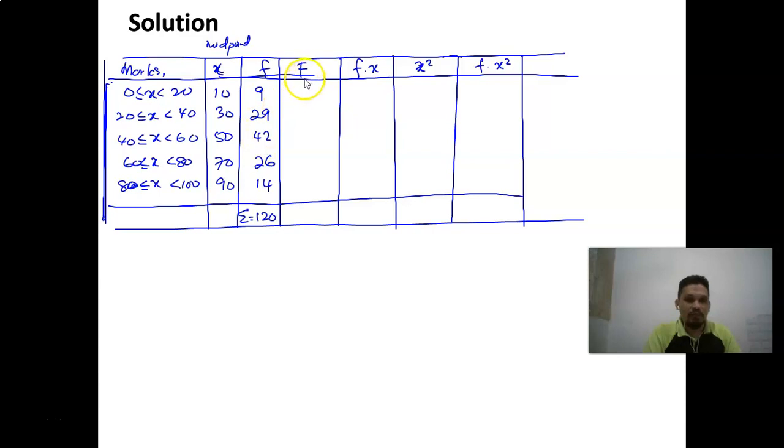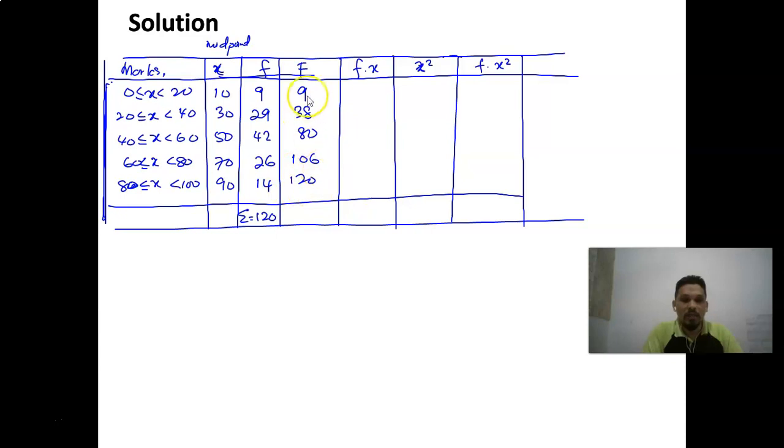Then the cumulative frequency: first is 9. 9 plus 29 equals 38. 38 plus 42 equals 80. 80 plus 26 is 106, and 106 plus 14 equals 120.